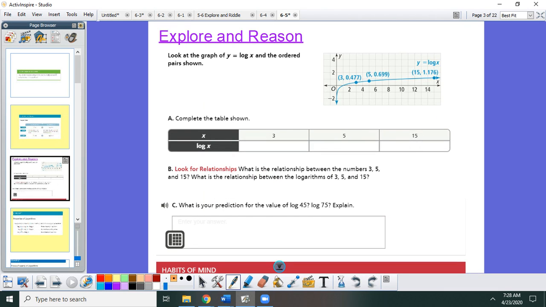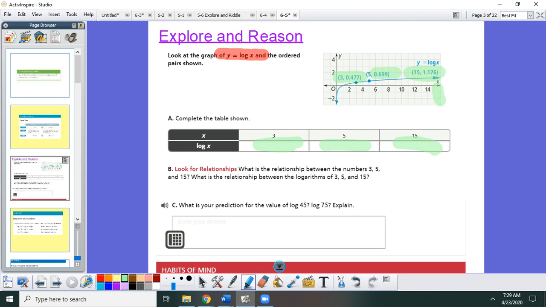In the Explore and Reason, you are taking a look at the graph of y equals log of x. Remember that this is a common logarithm with a base of 10, but the first thing you've got to do is just put the values into your table. So you take 5 and it corresponds to 0.699, and you'll put in 15 and put it right down here.